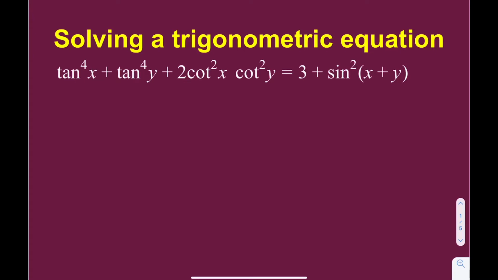Okay, here we go. So we have some expressions in fourth power, and so I'm going to consider some inequalities here. If you take a look at the sum of fourth powers, we do know that a to the fourth power plus b to the fourth power minus 2a squared b squared is greater or equal to 0, so I can just go ahead and apply that here, meaning that tangent to the fourth power x minus 2 tangent squared x tangent squared y plus tangent to the fourth power y.